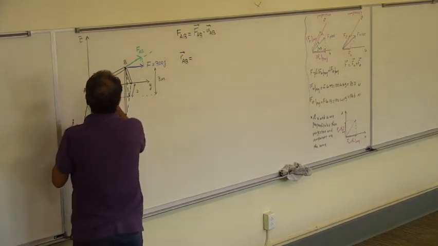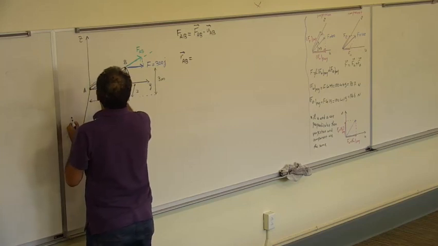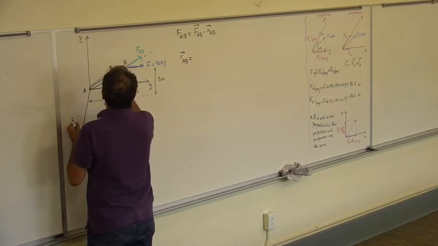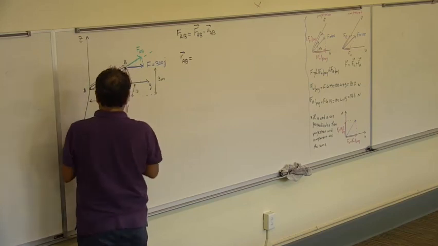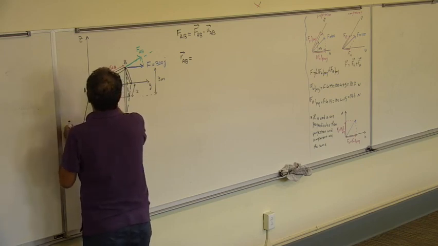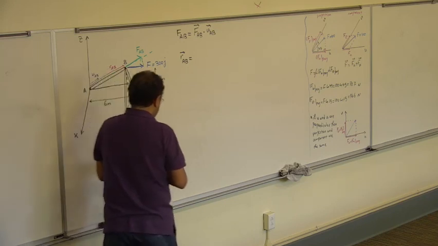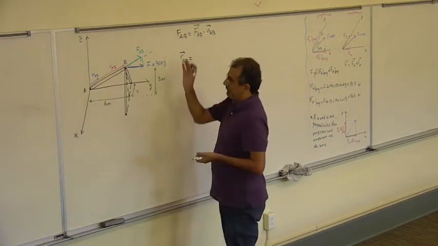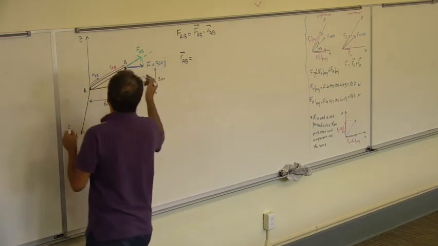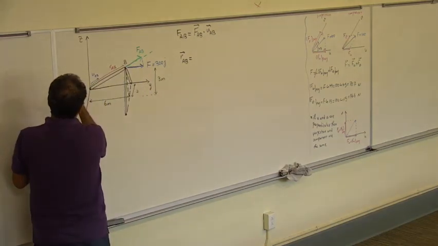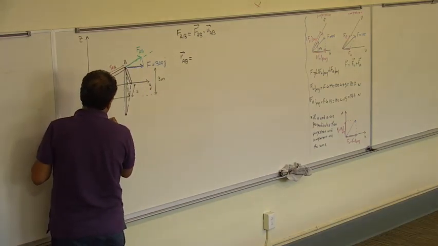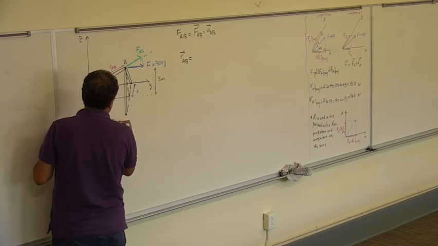So it's going to be the RAB, and this is going to be the UAB. The RAB is going to be the second one minus the first one. Position of A: what's the A coordinate? 0, 0, 0.